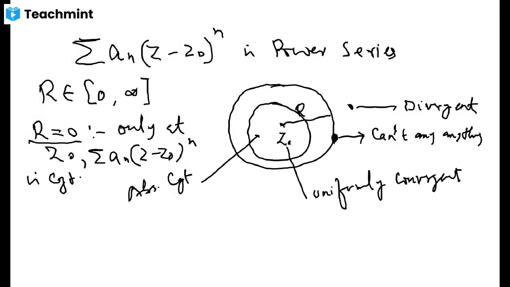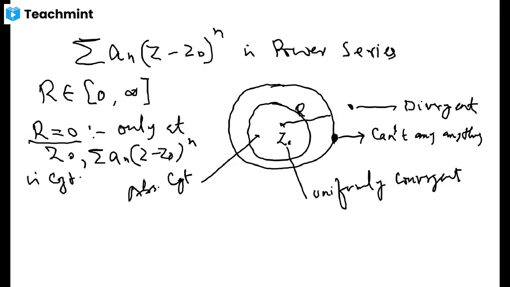So now what we are going to do is take a power series for which the radius of convergence is greater than 0, and then we will look at the limit of this power series within the disk of convergence.